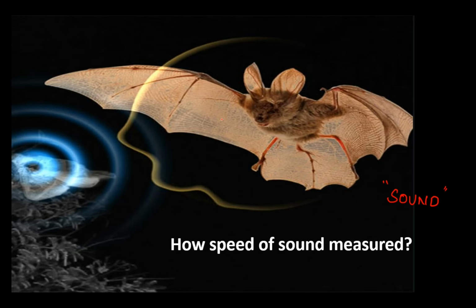They find insects and objects by emitting ultrasound. They naturally have the capability to emit ultrasound and receive it back. If an insect is there, the bat receives the ultrasonic signal back, so it knows there is an insect, and it goes and has some nice dinner.